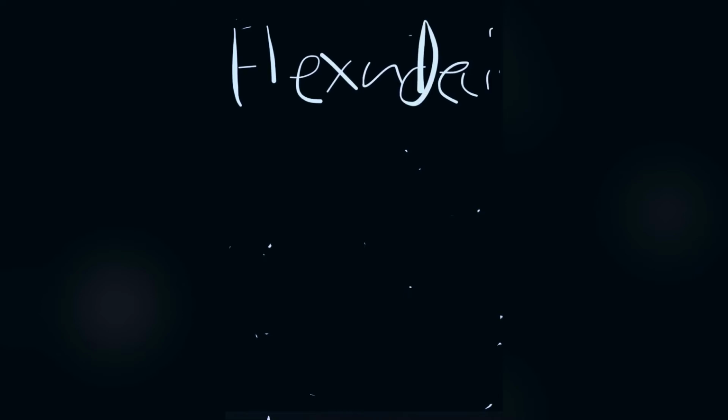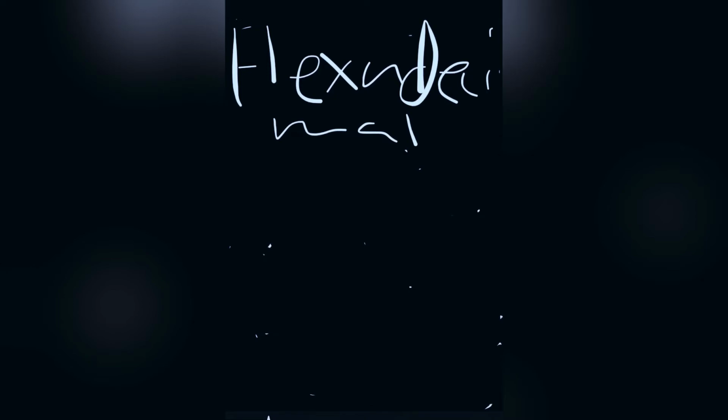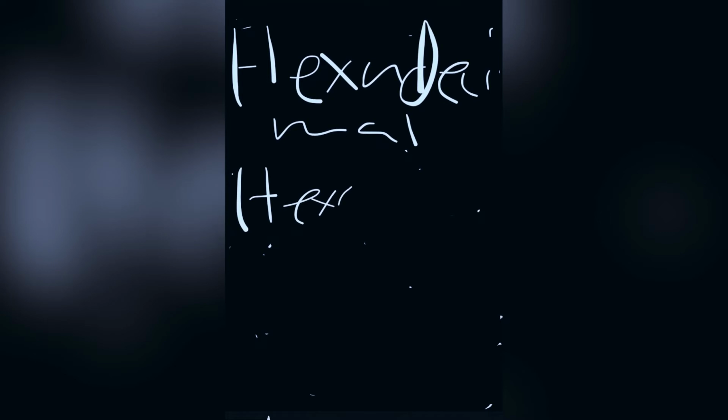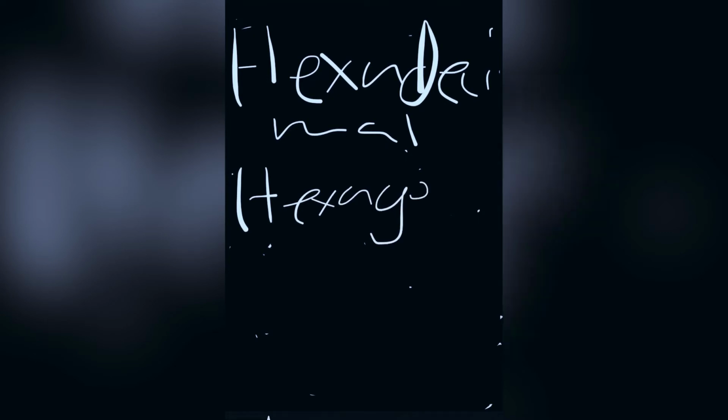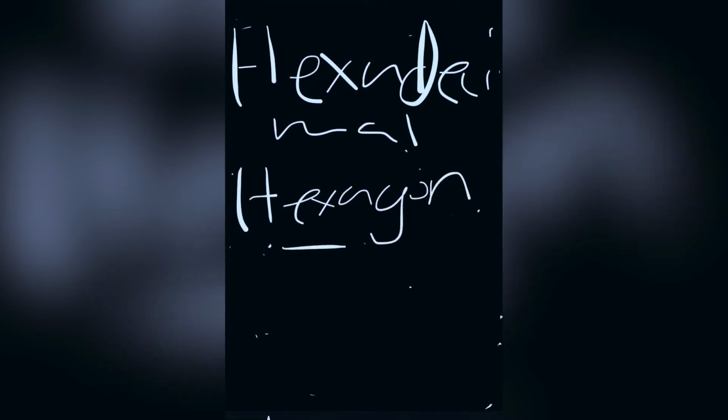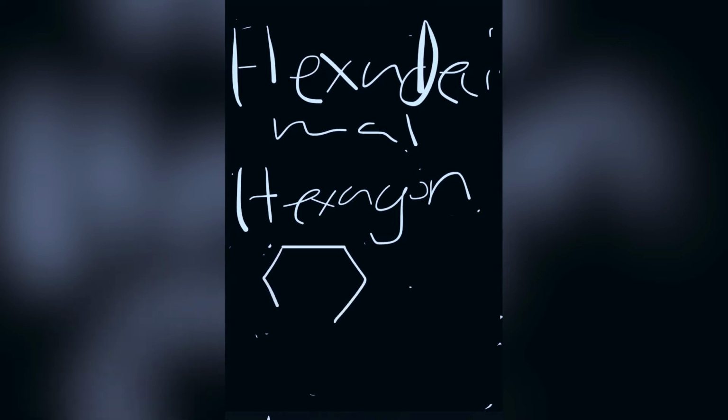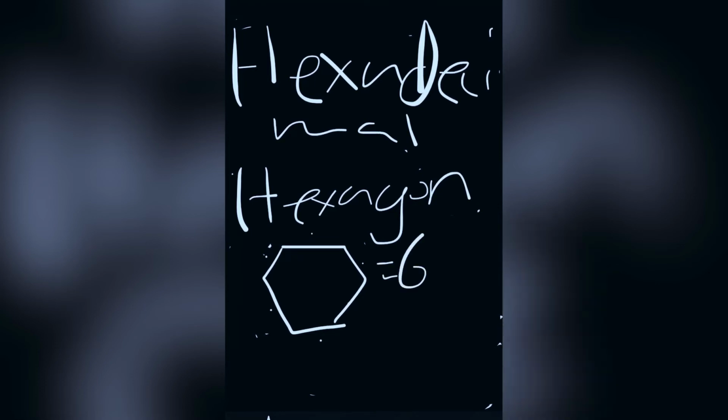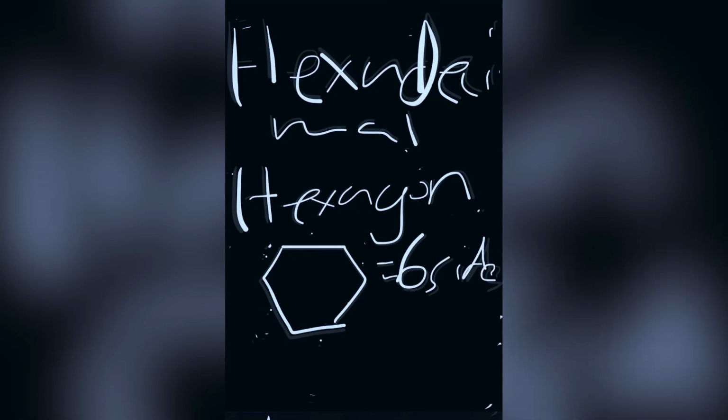Then the hexadecimal system. Okay, that one, let us separate them. Hexa. When you hear the word hexa, what comes into your mind? What comes into my mind is the shape hexagon. That shape has 1, 2, 3, 4, 5, 6 sides. So that shape has 6 sides.